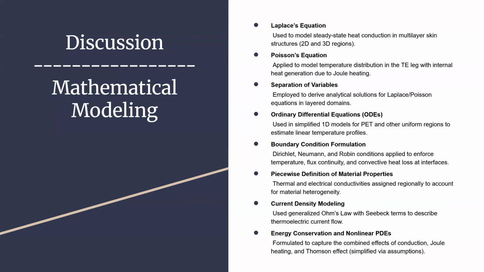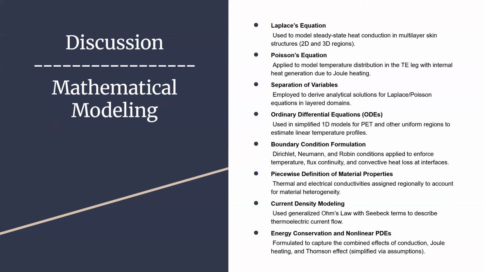And the mathematical modeling we used a lot from this class. Obviously, since we're dealing with electricity, there are a lot of imaginary or complex numbers involved, which involved the use of Laplace equations, particularly in the 2D and 3D regions of steady state heat conduction.